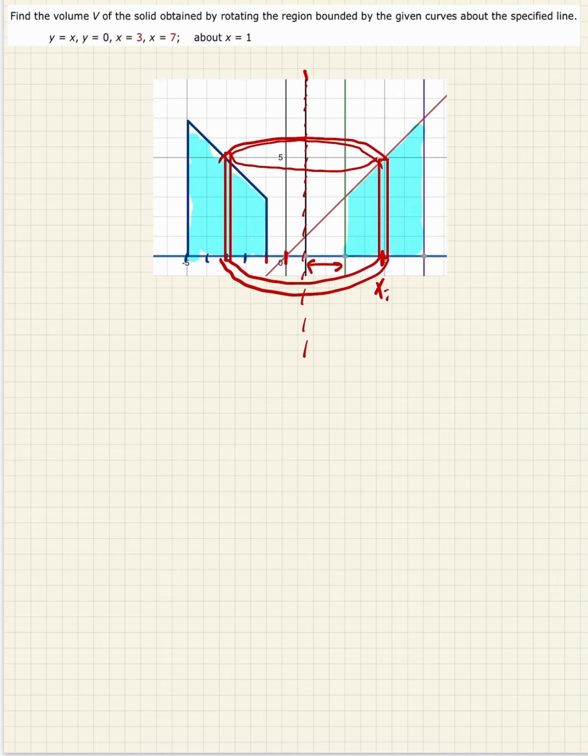So now I'm going to think about looking at this from the top. And if I do, then I would have a circle that would be right about here, and it would have a thickness.